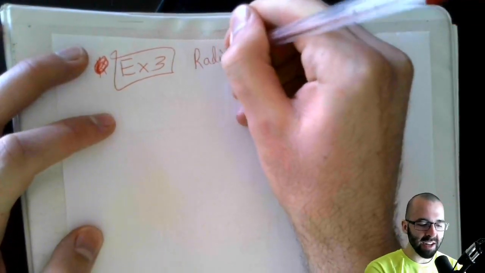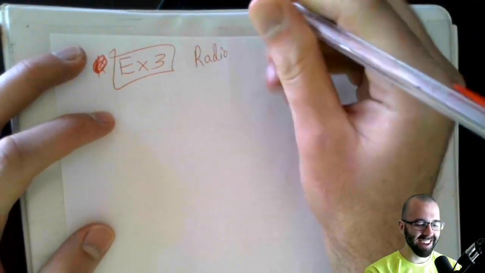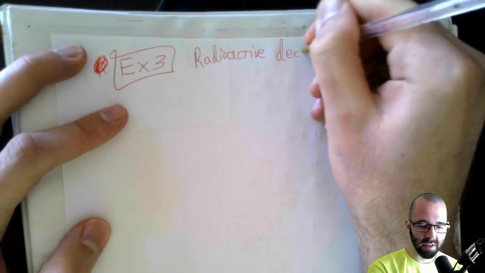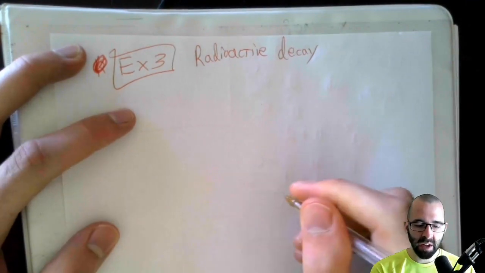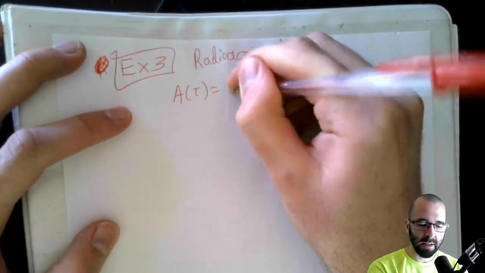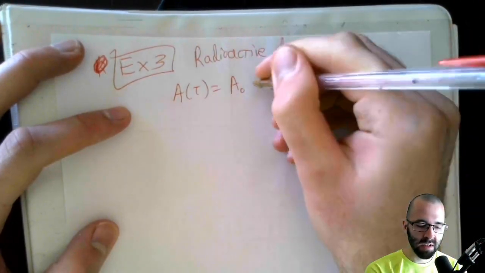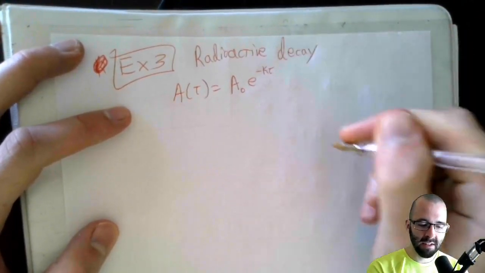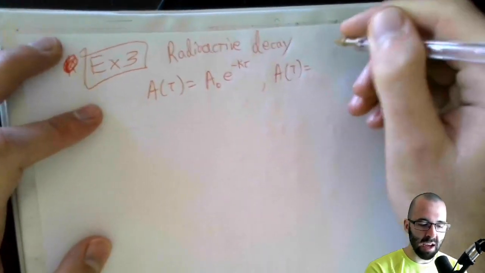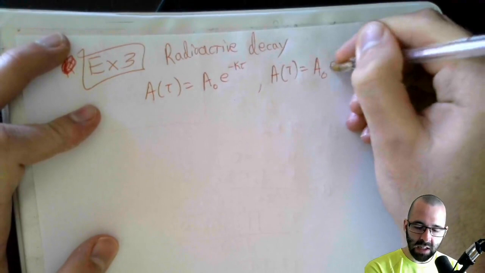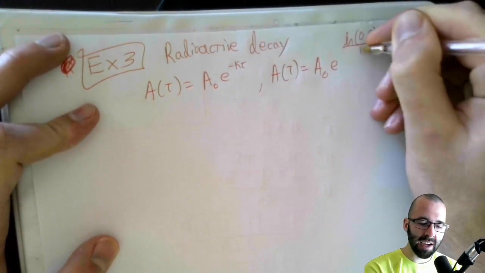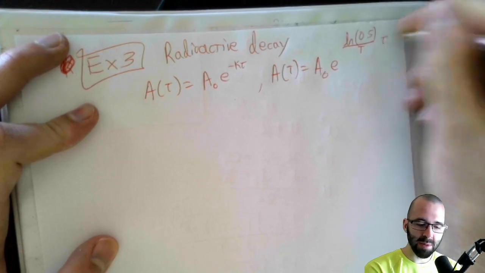There are two formulas that model radioactive decay. A of t equals a naught, or a sub 0, e to the negative kt. Sometimes you may also see A of t equals a naught e to the natural log of 0.5 divided by capital T times little t.